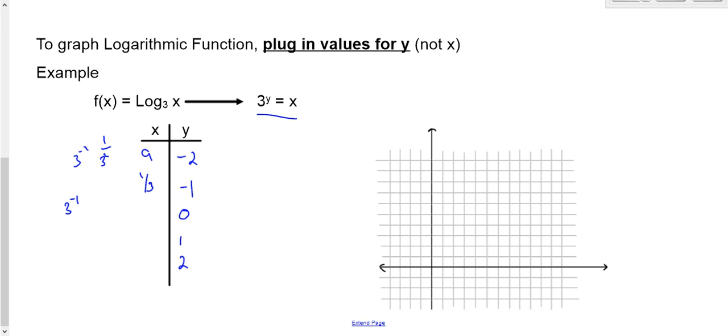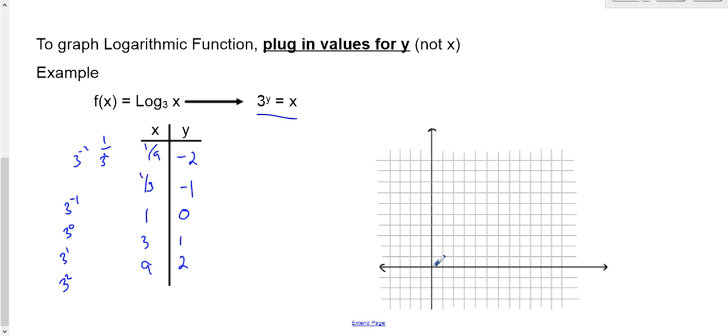Why did I put 9 up there? 1/9. 3 to the negative 2 is 1 over 3 squared, which is 1/9. 3 to the negative 1 is 1/3. 3 to the 0, anything to the 0 power, is 1. 3 to the first is 3.